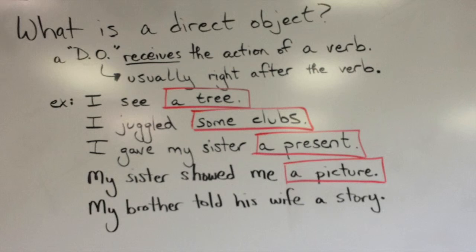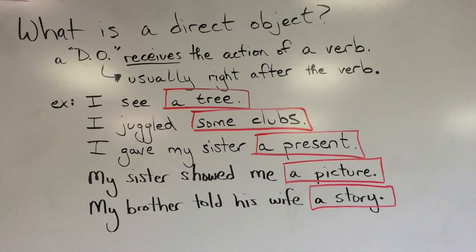Pause the video and see if you can figure it out before I say it. Hopefully what you said was that his wife is not in fact information to be transmitted, but rather the story is. And so my brother is transmitting the information contained in the story. The story is the direct object.